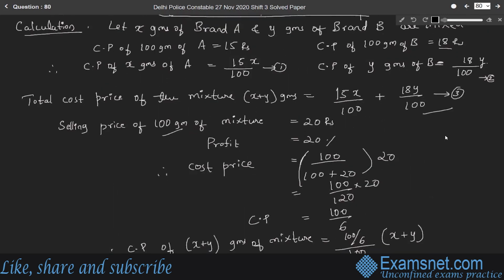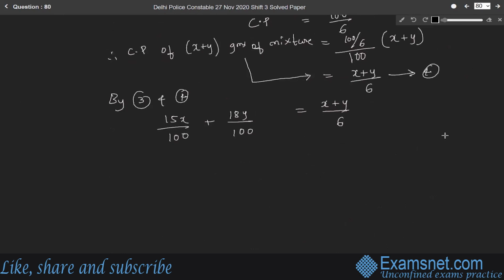Do you agree? Both are the same. So simplify it: 15X plus 18Y into 6 is equal to 100 into X plus Y. Therefore, it is 90X plus 108Y is equal to 100X plus 100Y.